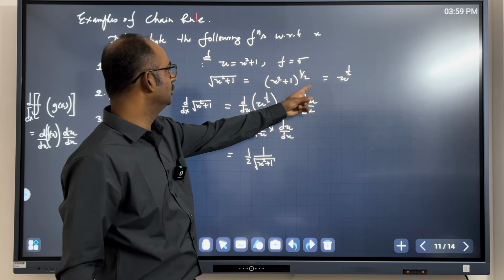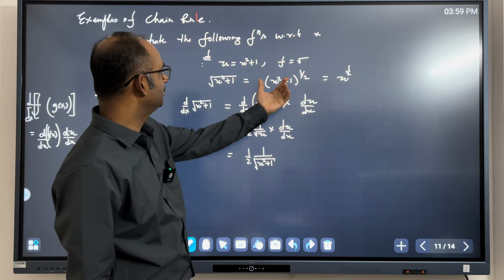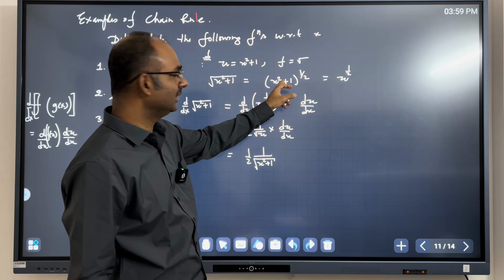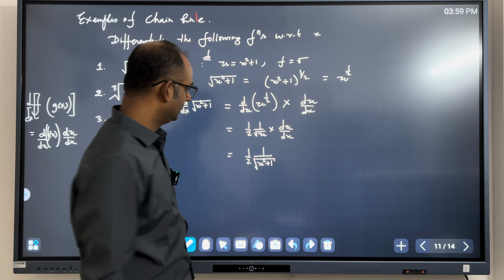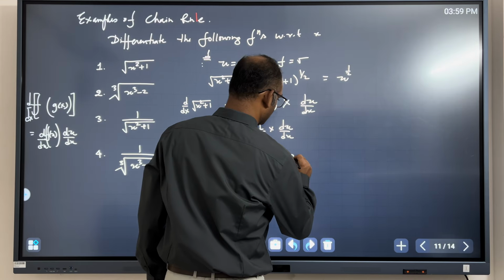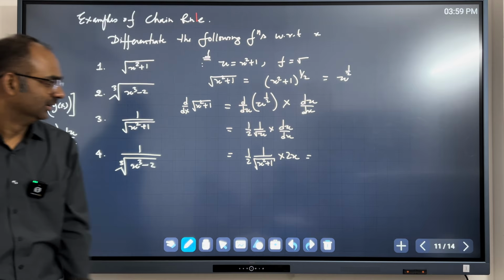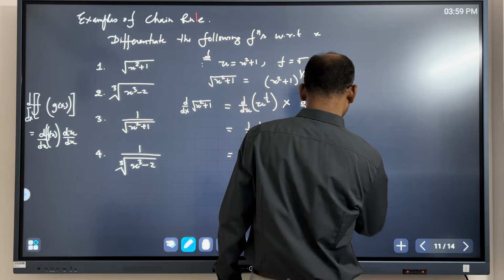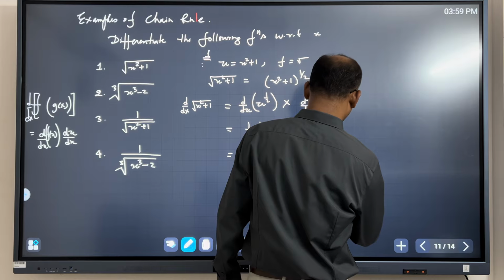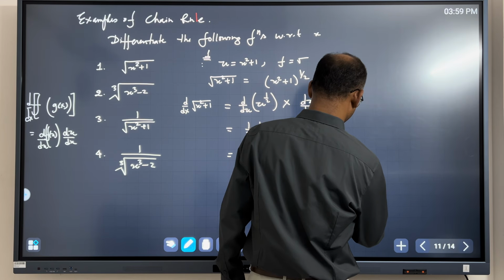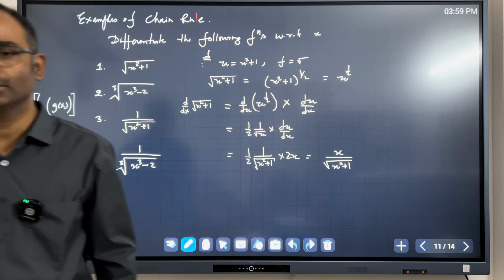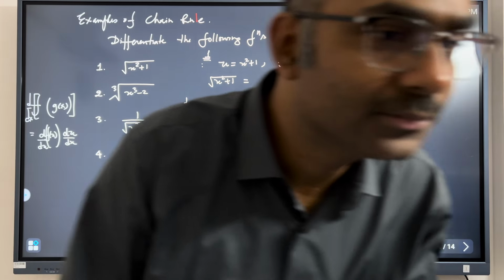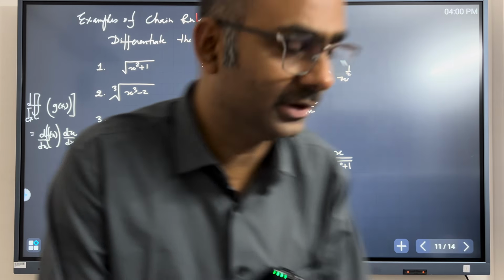So I have to differentiate u. u is x square plus 1. So I differentiate x square plus 1, that gives you 2x. And I cancel the 2 between the numerator and the denominator, and I get, do you also get the same result? Is that correct? Show it to me. Yeah, but you should replace u as well. Very good, excellent.